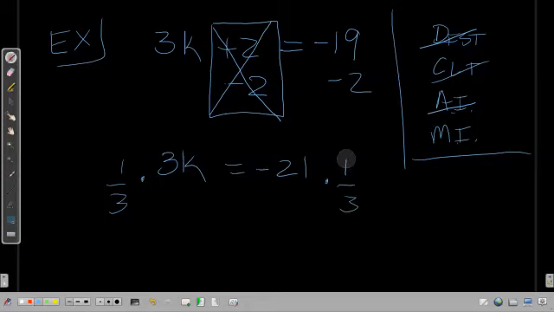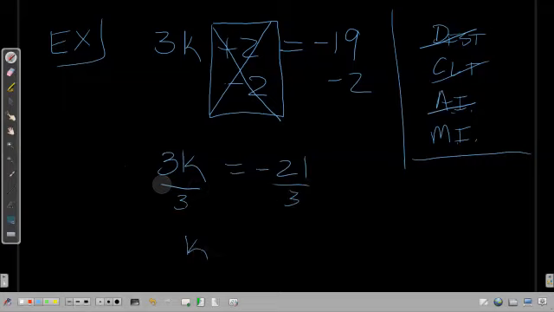So divide on both sides by 3, and then the equation is solved. And we have that k is minus 7. So our solution set is finite.